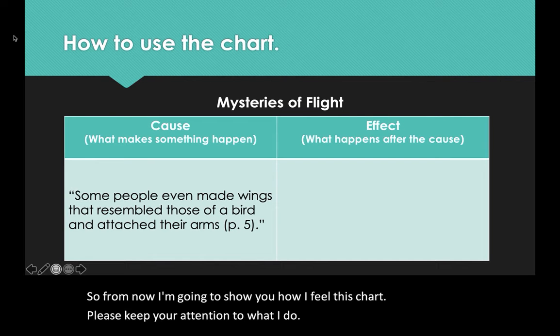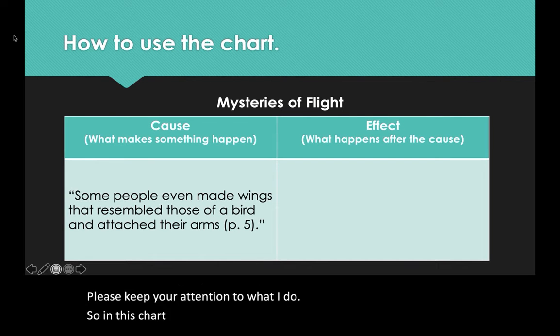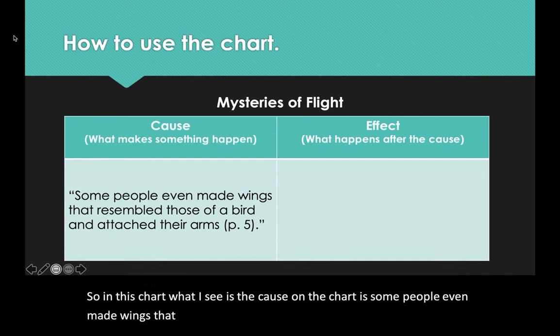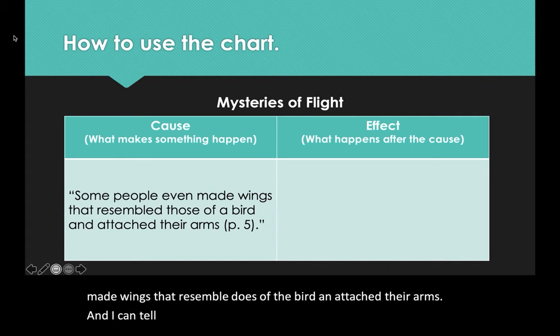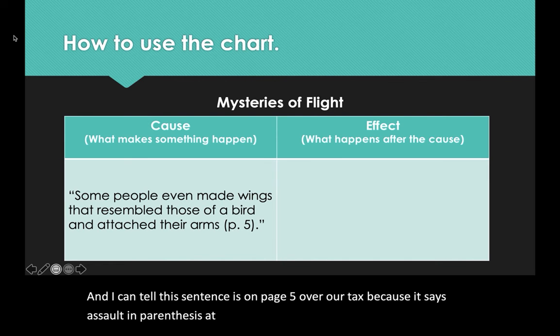So in this chart, what I see as the cause is: some people even made wings that resemble those of a bird and attached them to their arms. And now I can tell this sentence is on page 5 of our text because it says so in parentheses at the end of the sentence.